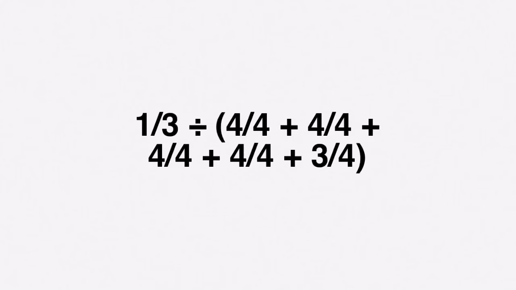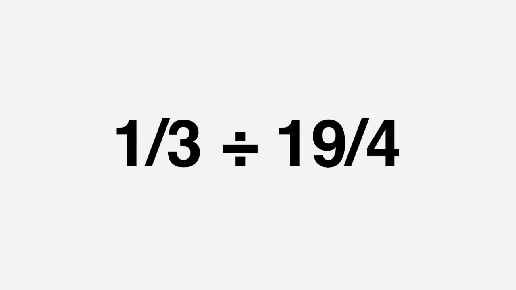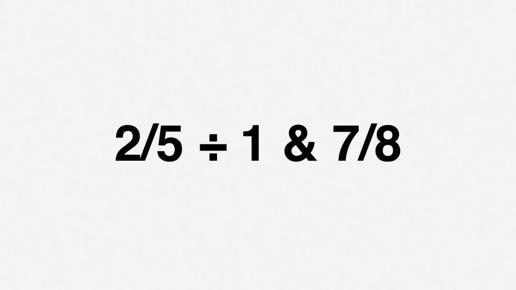So 4/4 plus 4/4 plus 4/4 plus 4/4 plus 3/4 is the same as saying 4 3/4. And if we add up all those fourths, we have 19 of them. So our problem actually reads 1/3 divided by 19/4, which, using multiplicative inverse, is the same as saying 1/3 times 4/19, which equals 4/57.